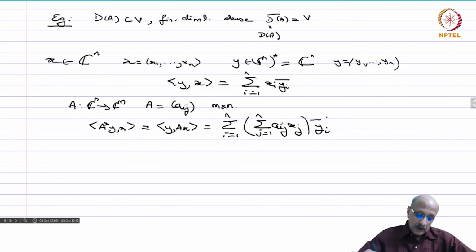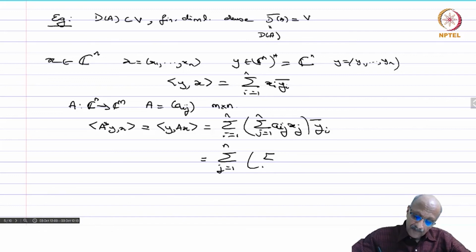Now I want to write it in the form A star y acting on x. So I should bring the x's outside and then bring in the y, and everything should be in conjugate form for A star y. So this will be equal to the sum over j equals 1 to n of the sum over i equals 1 to m of Aij bar yi, times xj bar.